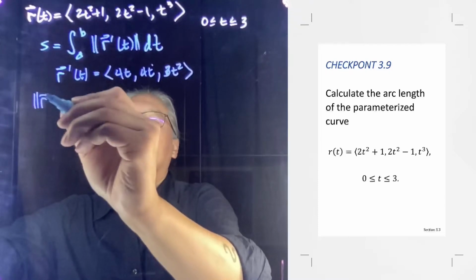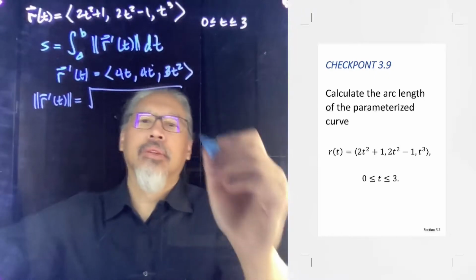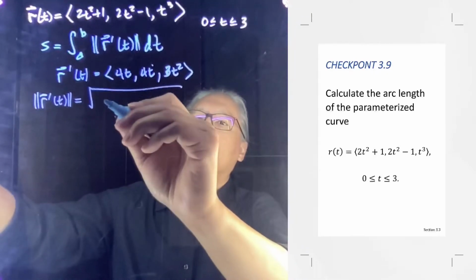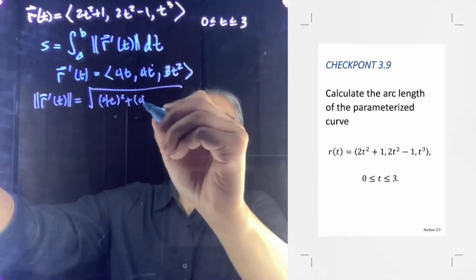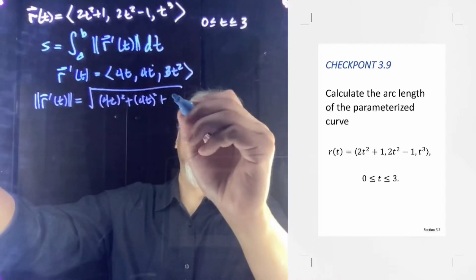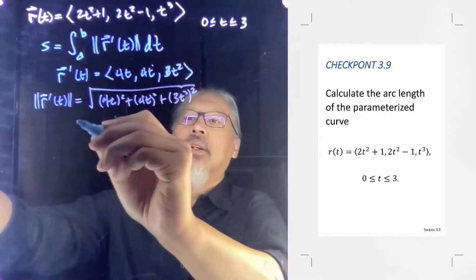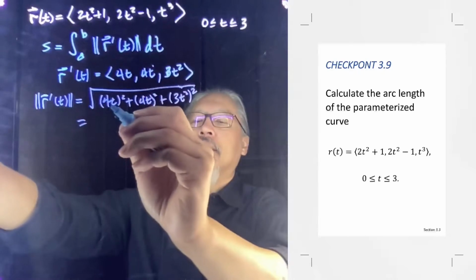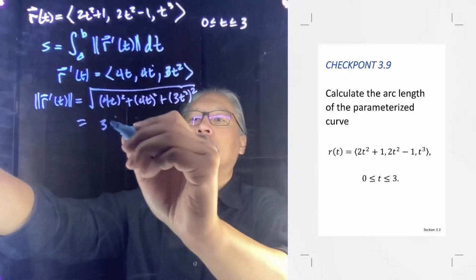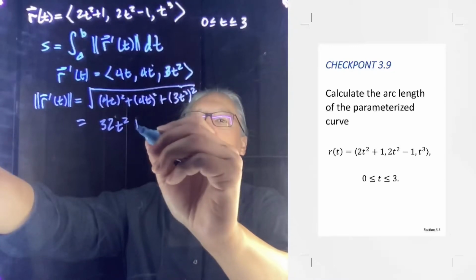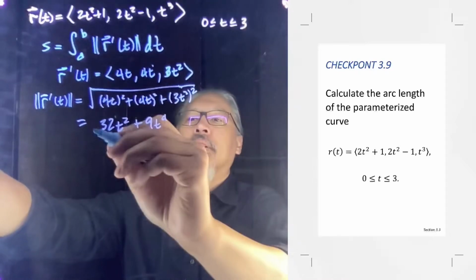The magnitude of this, we'll put it under a square root, and then we'll have 4t quantity squared, 4t quantity squared, and then 3t squared quantity squared. I believe this should simplify to 16t squared plus another 16 is 32t squared, plus 9t to the fourth, under a square root.